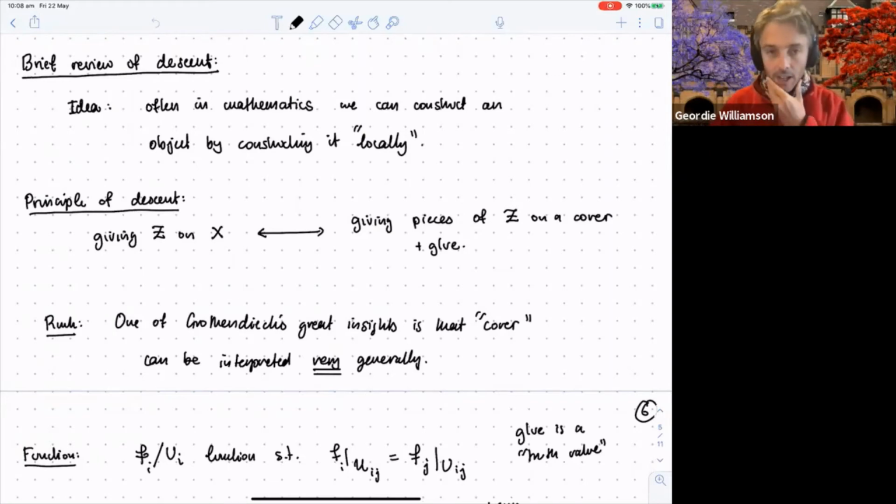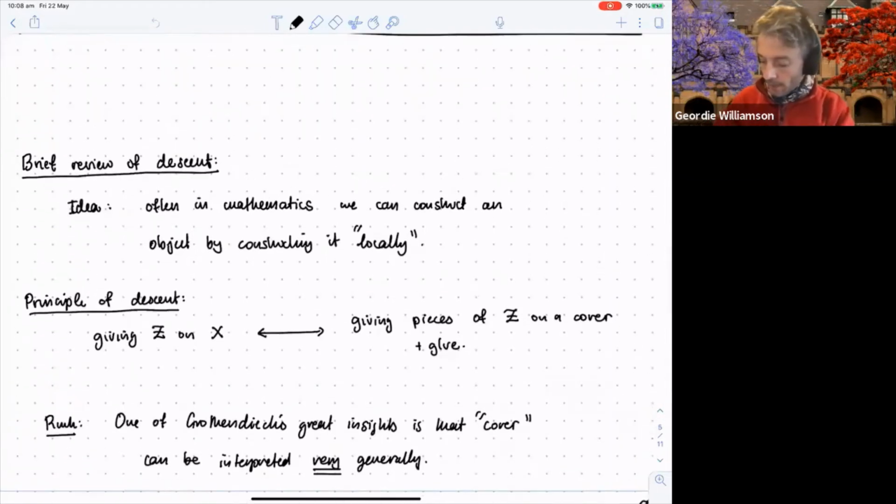Descent is the basic concept that we can construct an object by constructing it locally. So giving some fancy complicated thing Z on X, where X is something like a space or a stack, is the same thing as giving the pieces of Z plus how to glue them together.